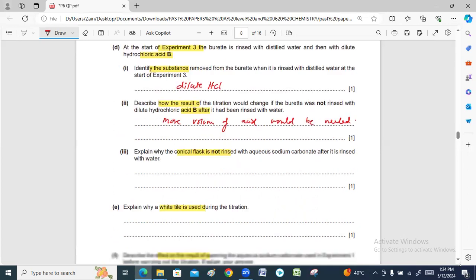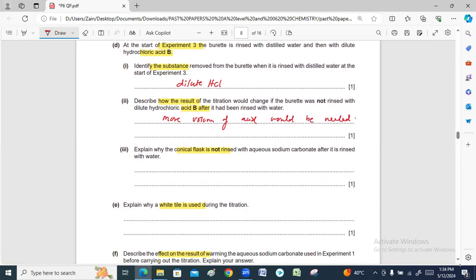Then explain why the conical flask is not rinsed with aqueous sodium carbonate after it is rinsed with water. So conical flasks actually do not have any graduations. Okay, it is rinsed with water.